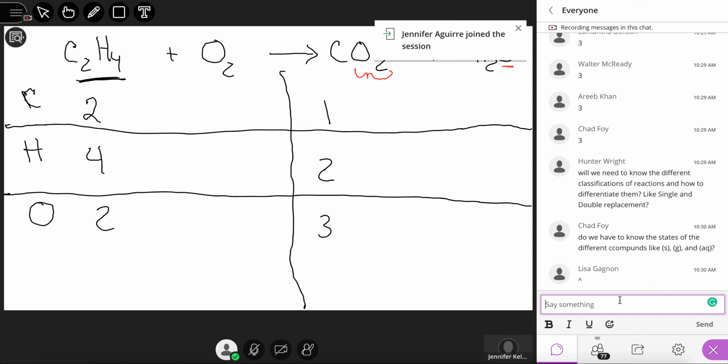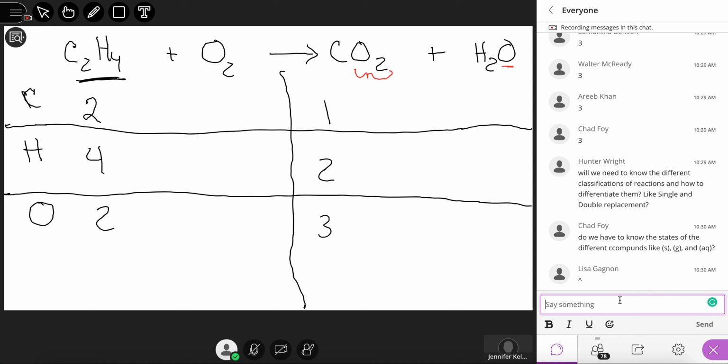I mean, with the different gases, like carbon dioxide, you know is a gas. Oxygen, you know, is a gas. Things like that, things that are really common. But to know whether or not ethane or C2H4 is a gas or not, you'll know that more when you get into organic than you would know right now.